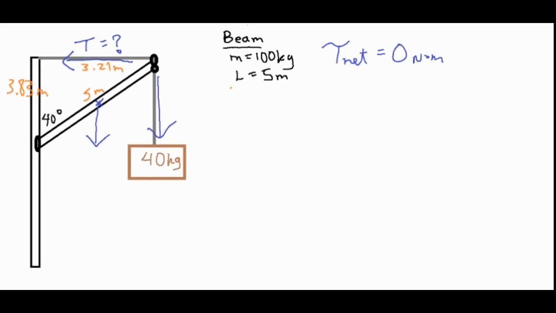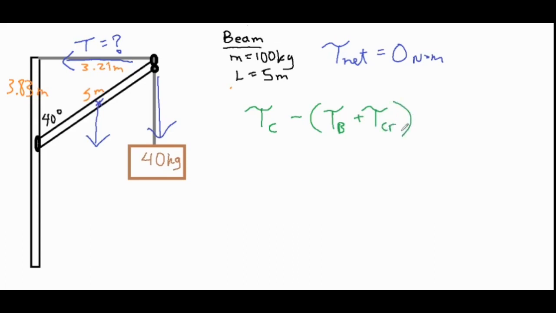So here's what we know. We know that the torque from the cable, we'll call that TC, minus the sum of these two over here, the torque of the beam itself plus the torque of the crate.